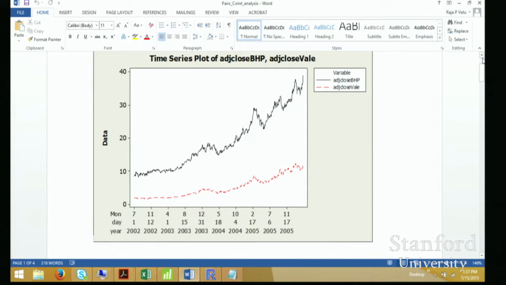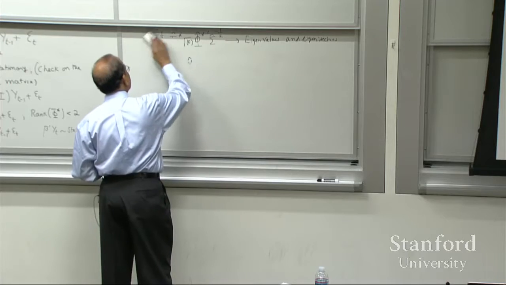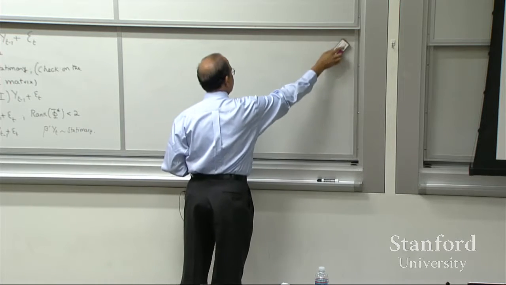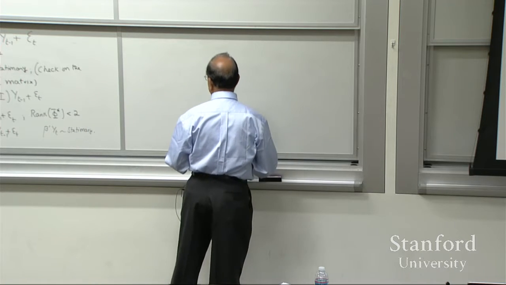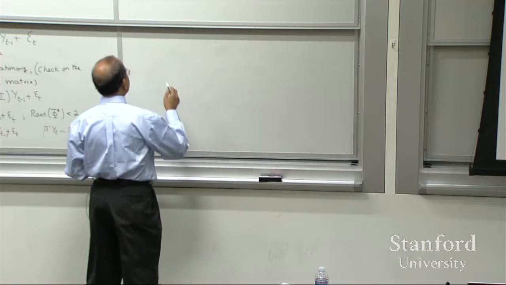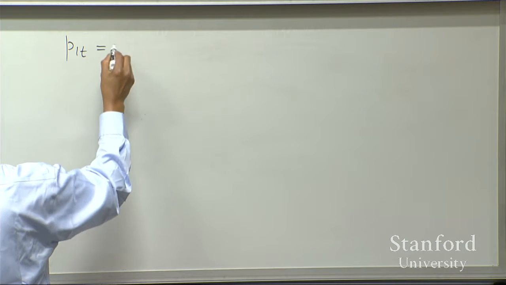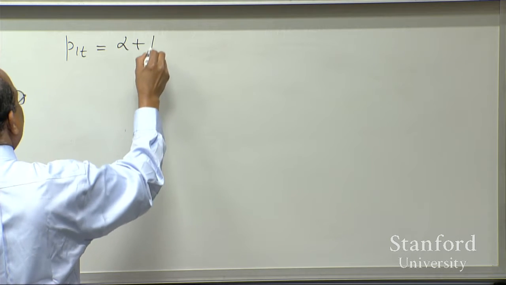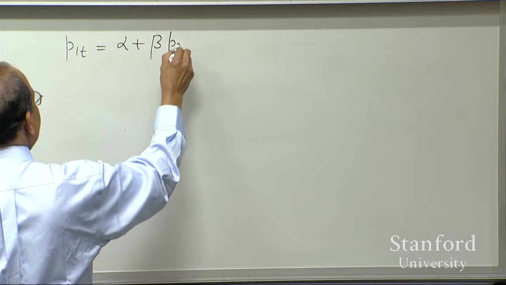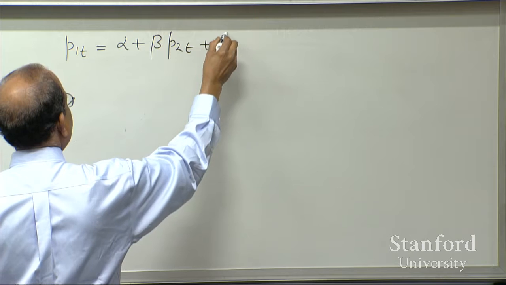Engel and Granger approach is that you have two series here, P1t and P2t, and essentially run the regression on P1t and P2t. So get this estimate here: P1t is equal to alpha plus beta times P2t plus epsilon t.